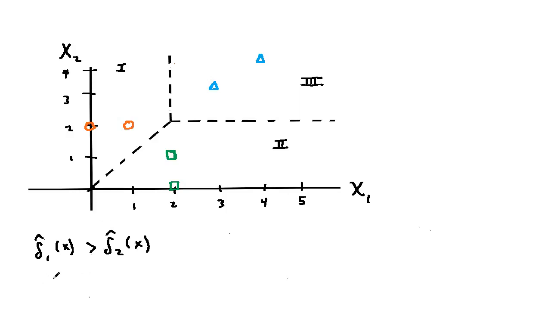Now delta 1 hat of x greater than delta 3 hat of x corresponds to the region to the left of the line x1 equals 2, so that's this vertical line here. Conversely, delta 1 less than delta 3 corresponds to the region to the right of x1 equals 2.